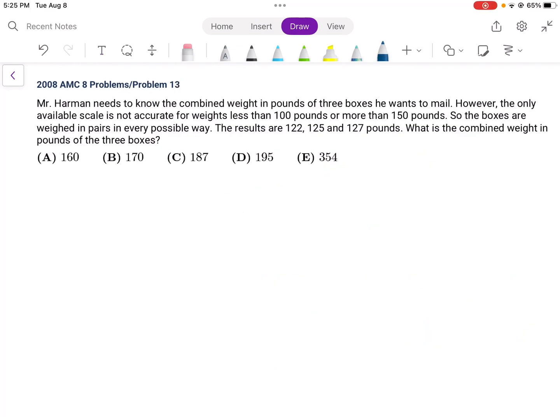Problem 13. Because the boxes are weighed in pairs in every possible way, and the results are 122, 125, and 127 pounds, if we add them up, the sum should be 2 times the combined weight of the 3 boxes.